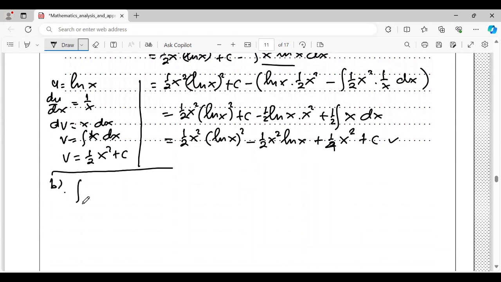B, integral 1 to 4 of x (ln x) squared dx. Just substitute 4 and 1 into this expression.